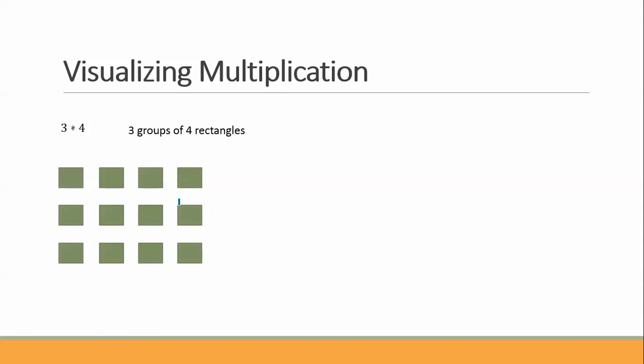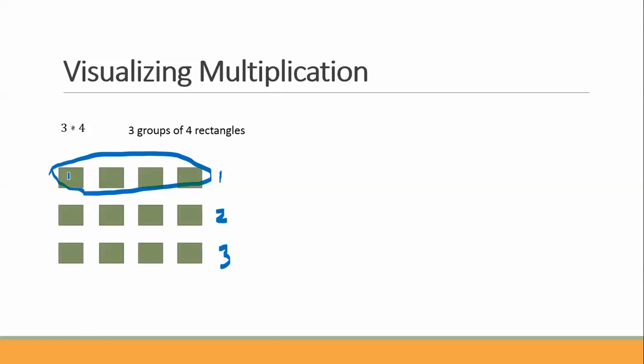Visualizing multiplication. When we visualize multiplication, 3 times 4 is saying 3 groups of 4 rectangles. So we have four rectangles and 3 groups of that. 1, 2, 3. 3 groups of 4 rectangles.